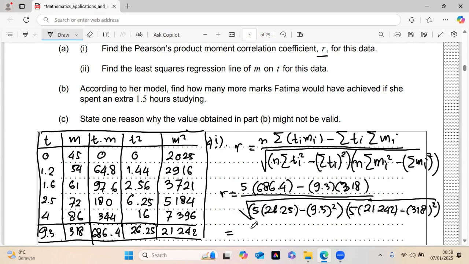And if you calculate, the result is 0.9947. Round off becomes 0.995. Part 2. Find the least squares regression line of M on T for this data.